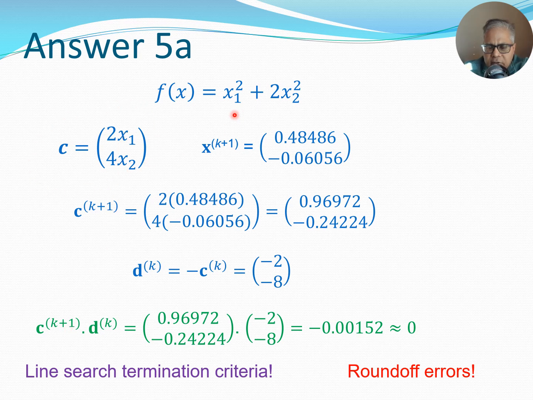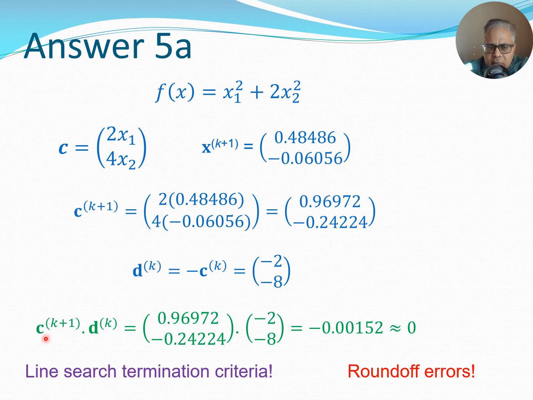That's simply from the partial derivatives of f with respect to x1 and x2. And I also know that xk plus 1 was obtained as this particular vector. So to find ck plus 1, I simply substitute these values here: 2 into the x1 value, and then 4 into the x2 value. So I get this as the ck plus 1 vector.